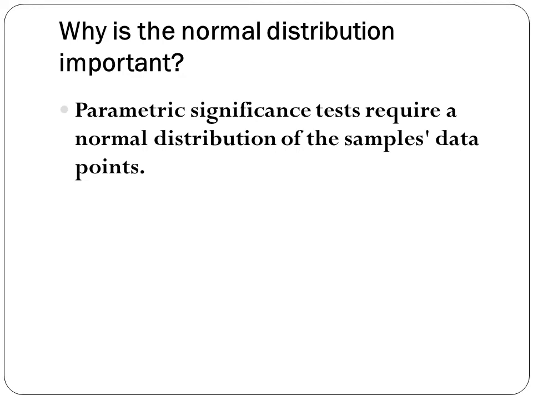So that is why it is very important to study this kind of distribution. Another one, parametric significance tests require a normal distribution of the sample's data points. So what are these parametric significance tests? The most powerful statistical tests are known as the parametric significance tests, and that is what we are studying in the field of statistics. And when we are reading results of studies, most of these are actually out of the parametric significance tests.